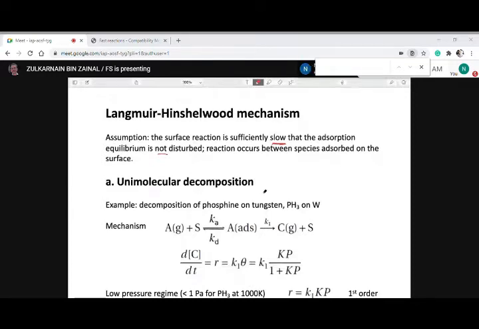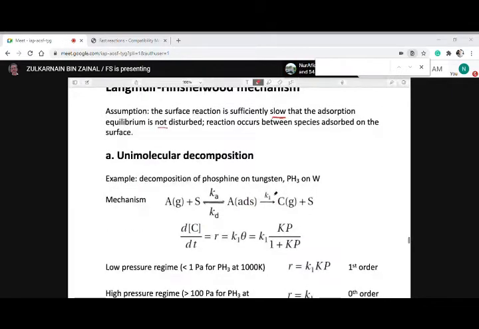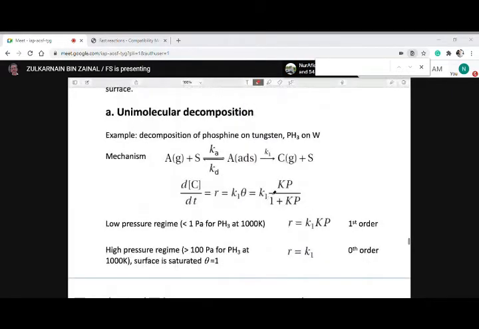So we go on with the unimolecular process, unimolecular decomposition. For example, we have the decomposition of phosphine on tungsten.